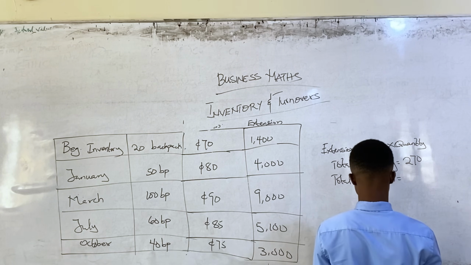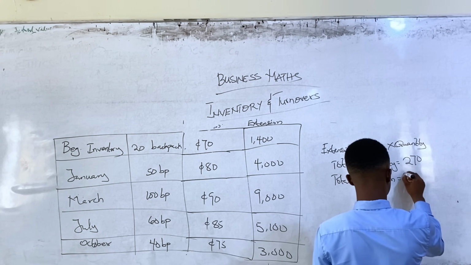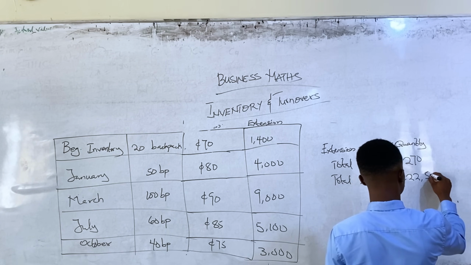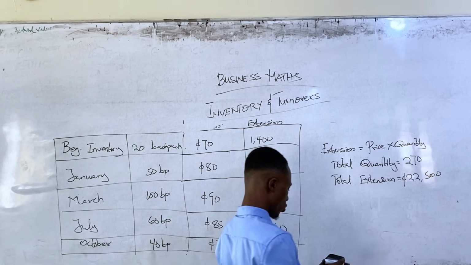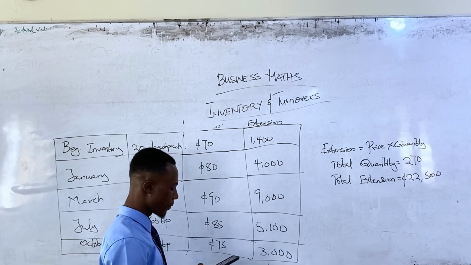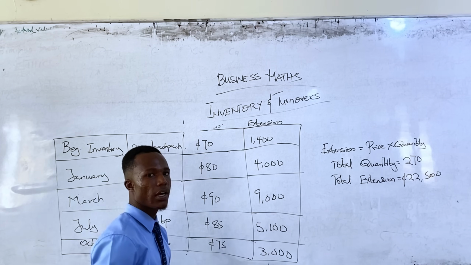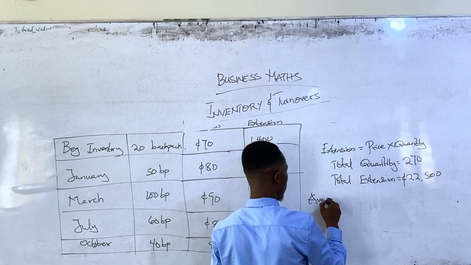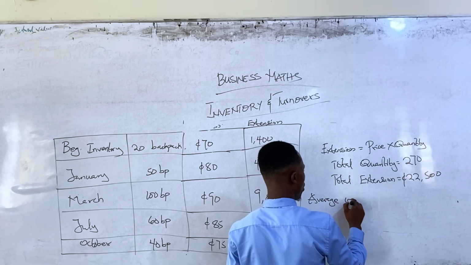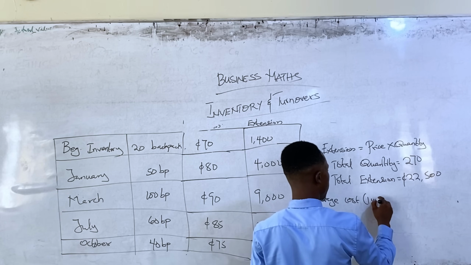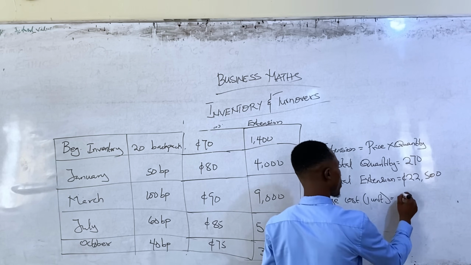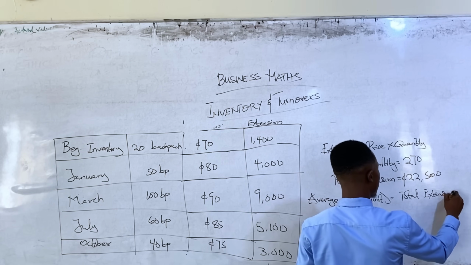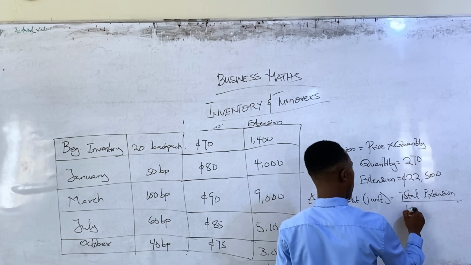Okay, we have 22,500 Ghana cedis. Okay, so we know the formula already, that for us to get our average cost for one product, average cost for 1 unit, it becomes what? The total extension over the total quantity.